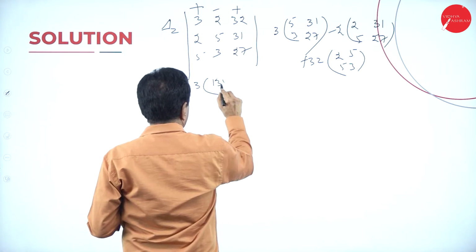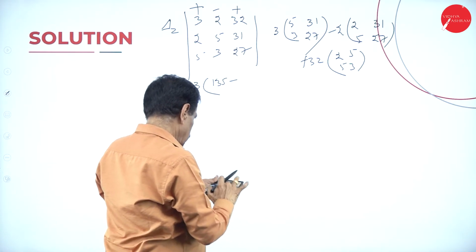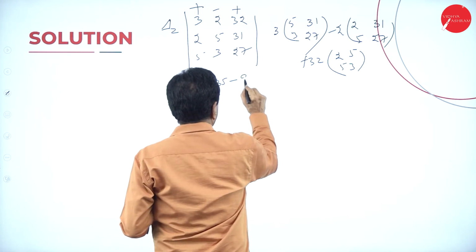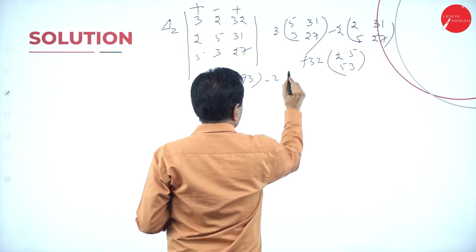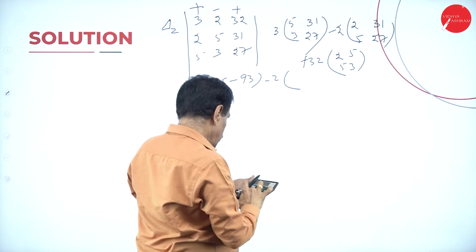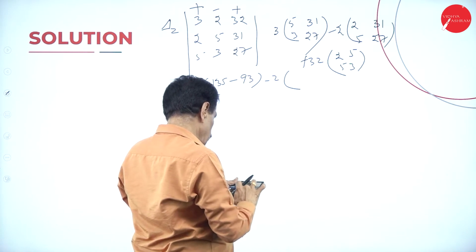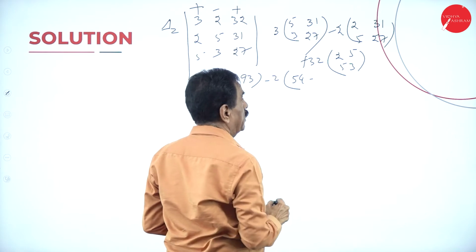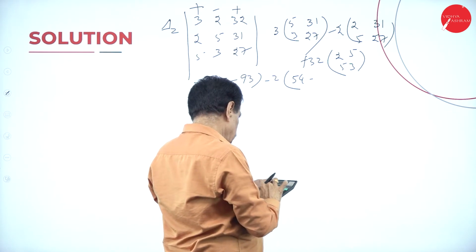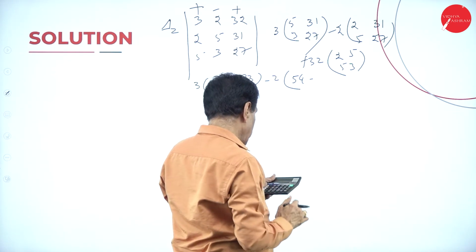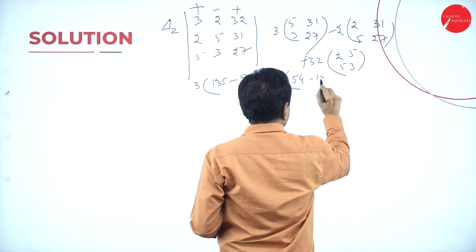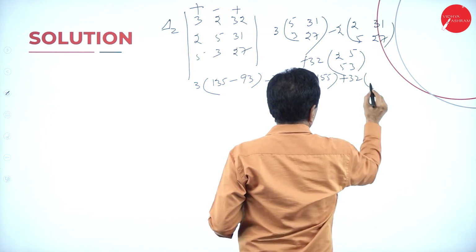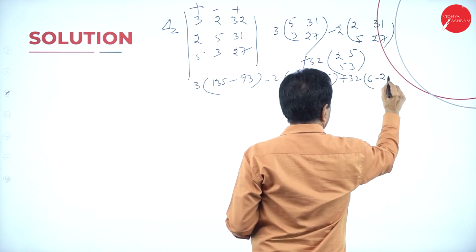135 minus 31 into 3, minus 93, minus 2, 27 into 2, 54, minus 31 into 5, 155, plus 32, 2 3s are 6 minus 25.